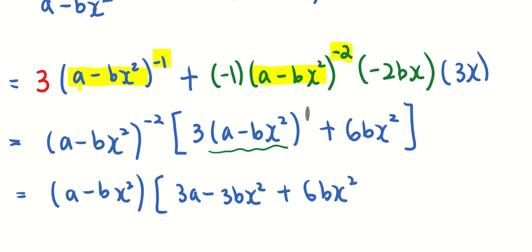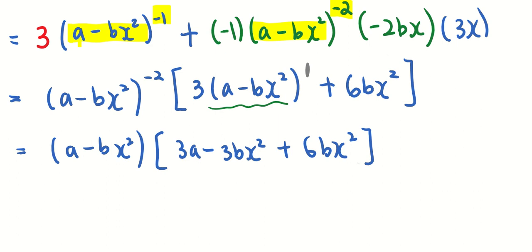Can you see there's a like term that I can join? So yes, is there a like term that I can join? Yes, which one? Negative 3bx squared plus 6bx squared. So you can see that I will have this one. This is just the square bracket.